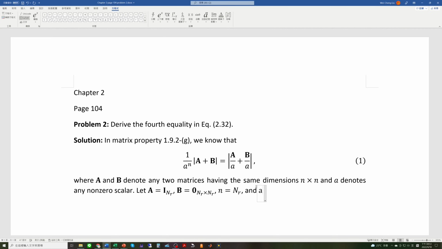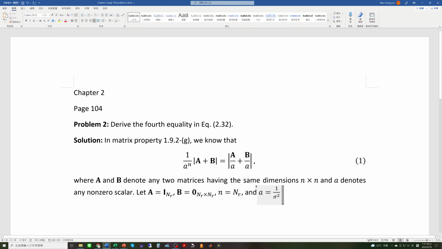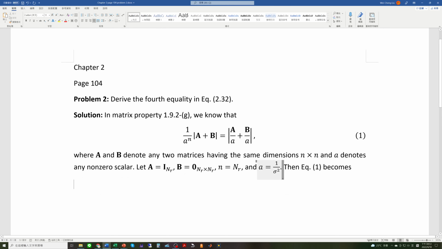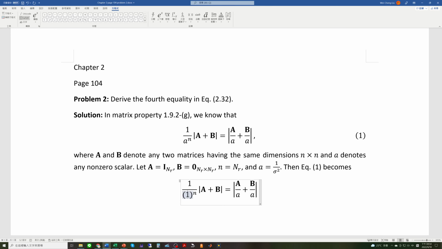And a is equal to 1 over sigma square. Then equation 1 becomes, so a is substituted by 1 over sigma square. We can copy this and paste here.